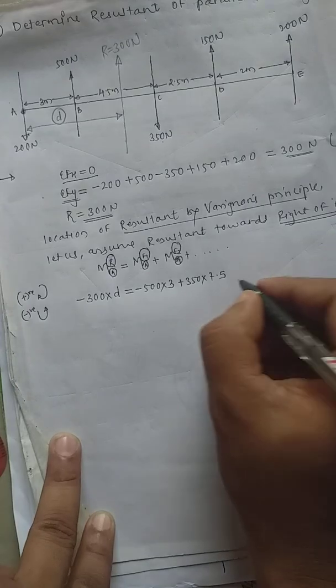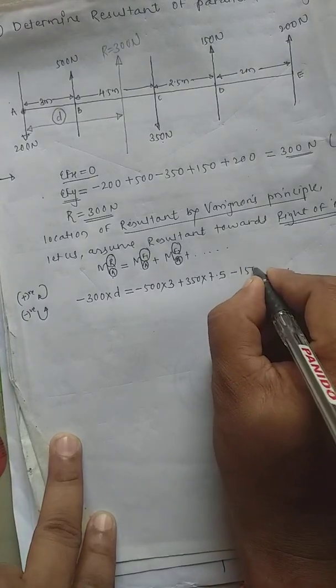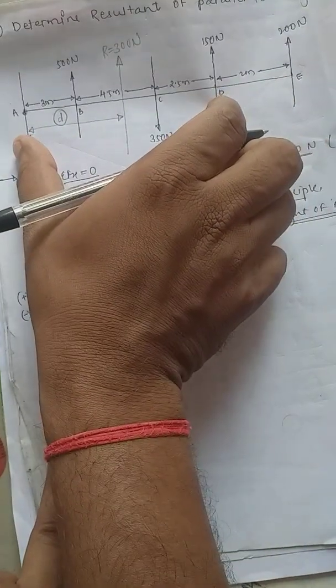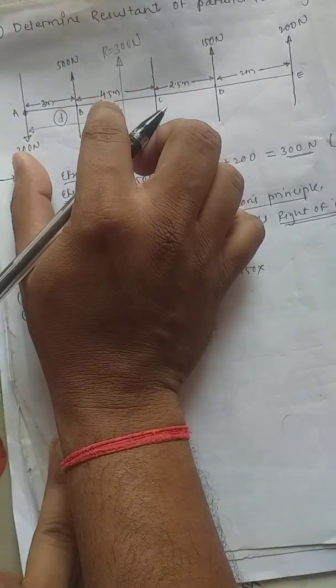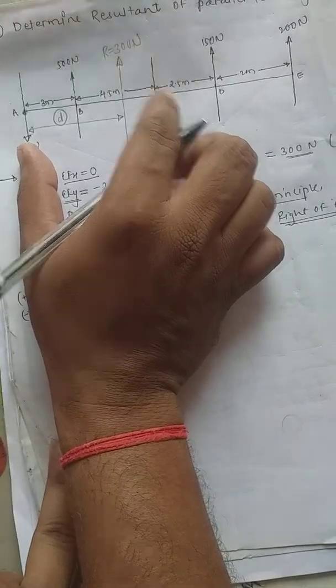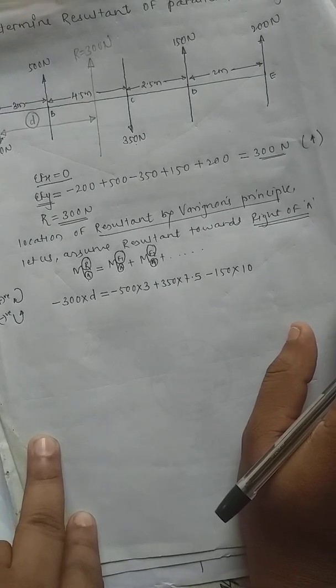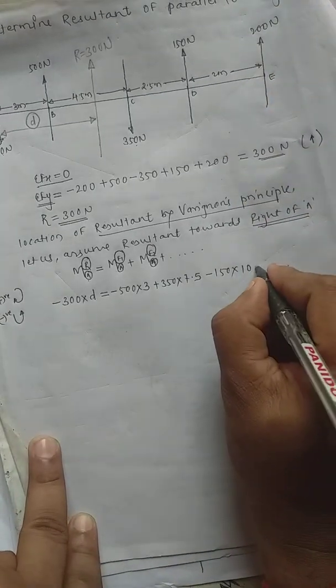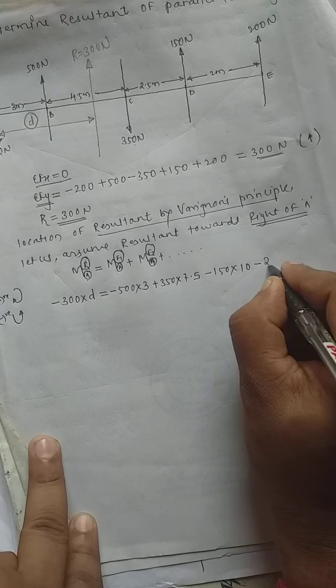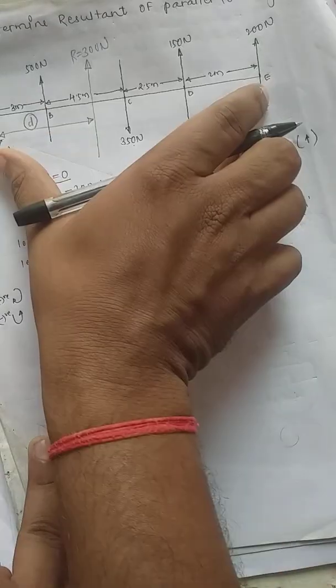Next, again anti-clockwise, minus 150 into perpendicular distance 4.5 plus 2.5 is 7, plus 3 is 10. Again this 200 will be minus, anti-clockwise, so minus 200 into perpendicular distance 12.